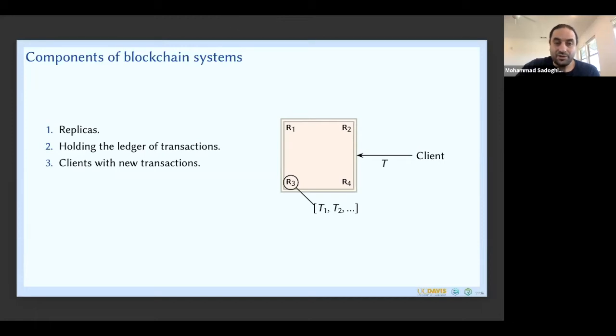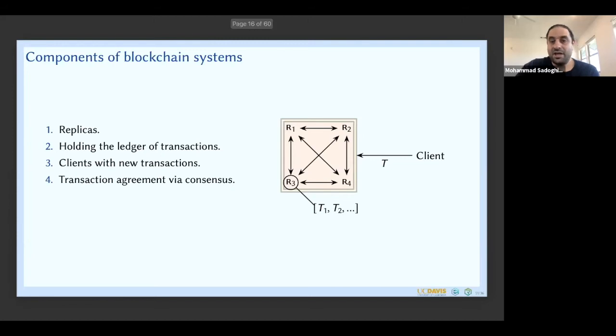So a client comes and submits a new transaction, and there is a phase of agreement. There's a consensus happening among all these replicas, because there could be many clients submitting transactions, or the same client submitting many transactions.